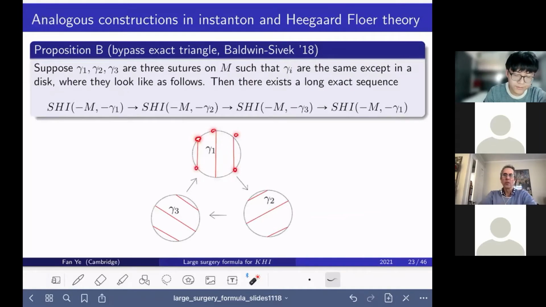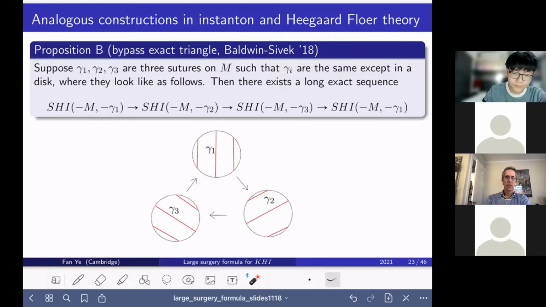And in the disk, the suture looks like this. So the bypass exact triangle says we have a long exact sequence between SHI of those sutured manifolds. But note that we should reverse the orientation of the 3-manifold and the orientation of the suture. So this is why in the statement of the main theorem, we need to add some minus signs.